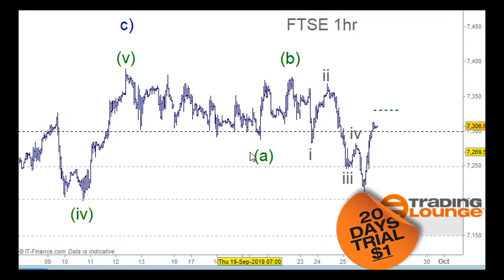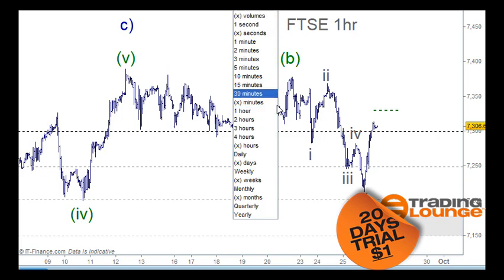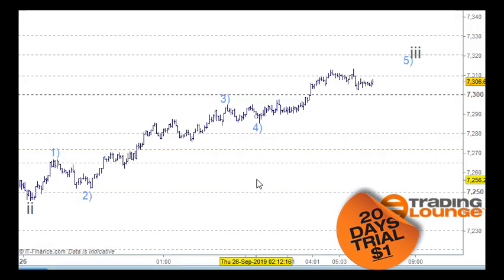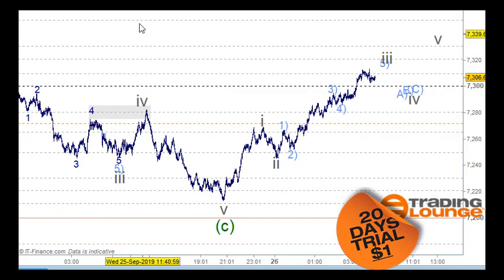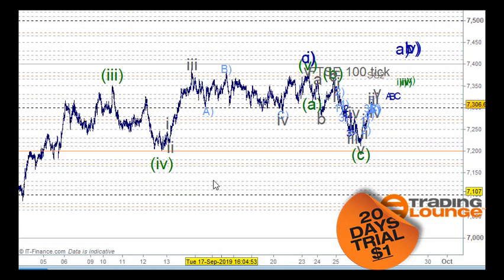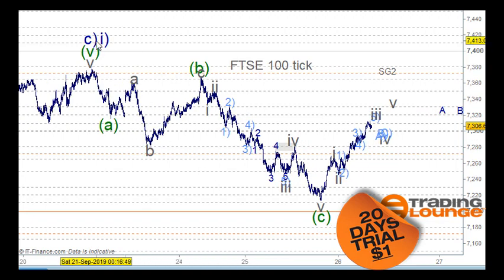With this one, the A wave, the B wave, and 1, 2, 3, 4 and 5, there are different ways to count this as well. But let's go to the tick chart for this. The other way to count this, which we've looked at, is having this one here as the top, then an A wave here, because we've got 3 waves here.